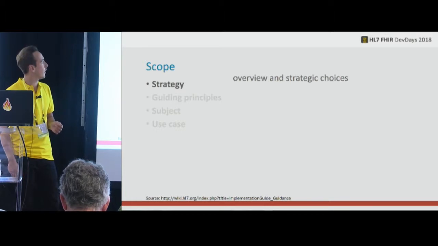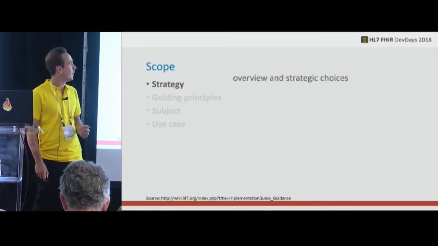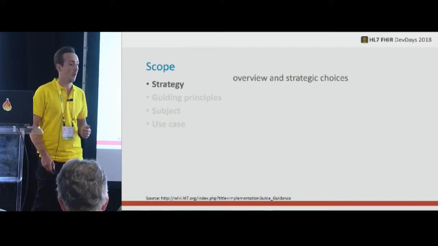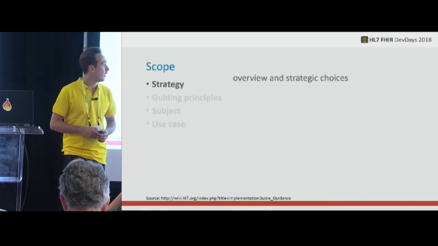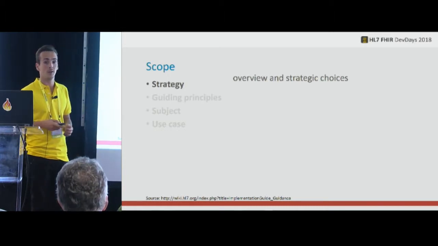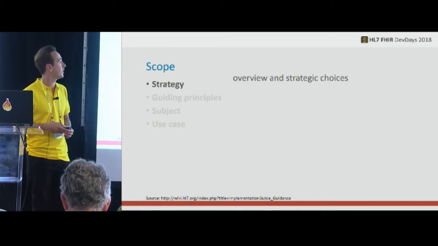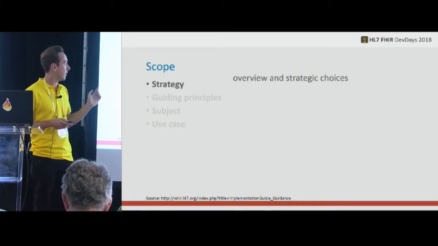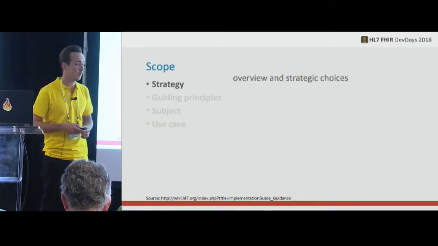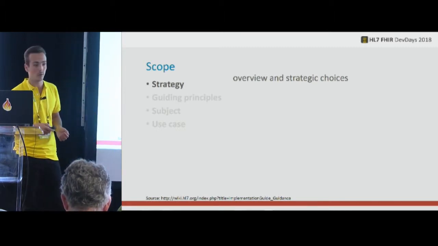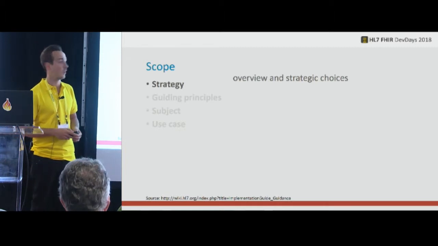If we look at implementation guides a bit more, I think we can categorize them as having different scopes. Based on the amount or scale of information, I think we can define these four scopes, which are strategy, guiding principles, subject, and use cases. I will go through them one by one and provide some examples of IGs out there.